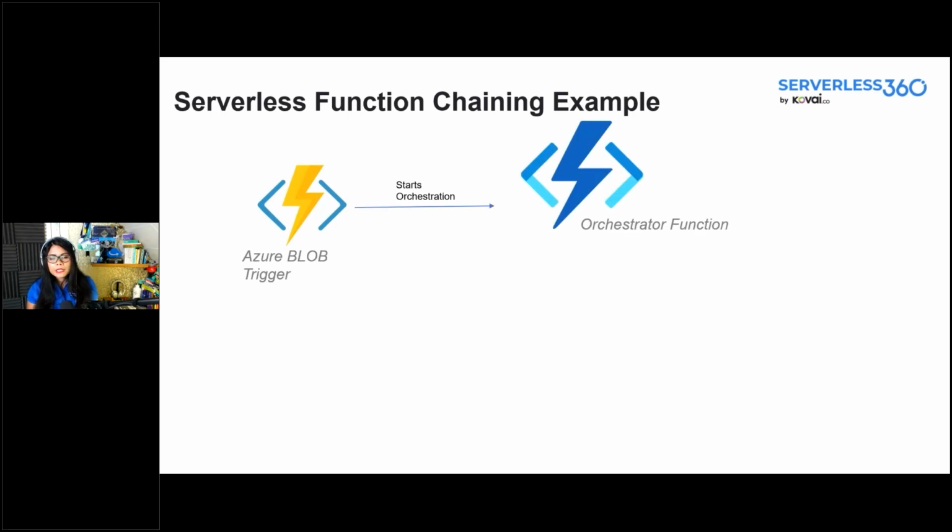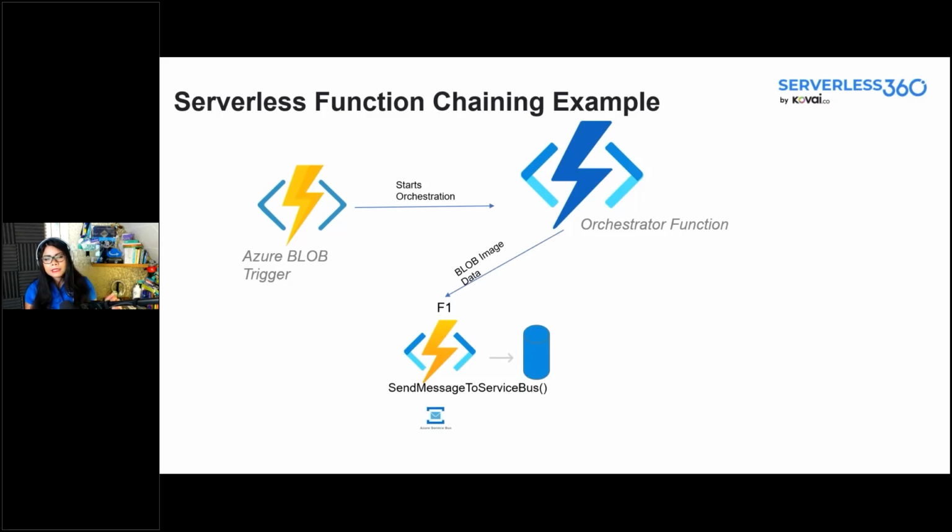The function chaining example is a mini example that I made myself, which is currently a template on my GitHub. For example, you have a blob trigger that gets triggered and starts the orchestration or workflow. In this one, I'm using function chaining. So I can pass in the blob image data when I upload an image to my blob storage.